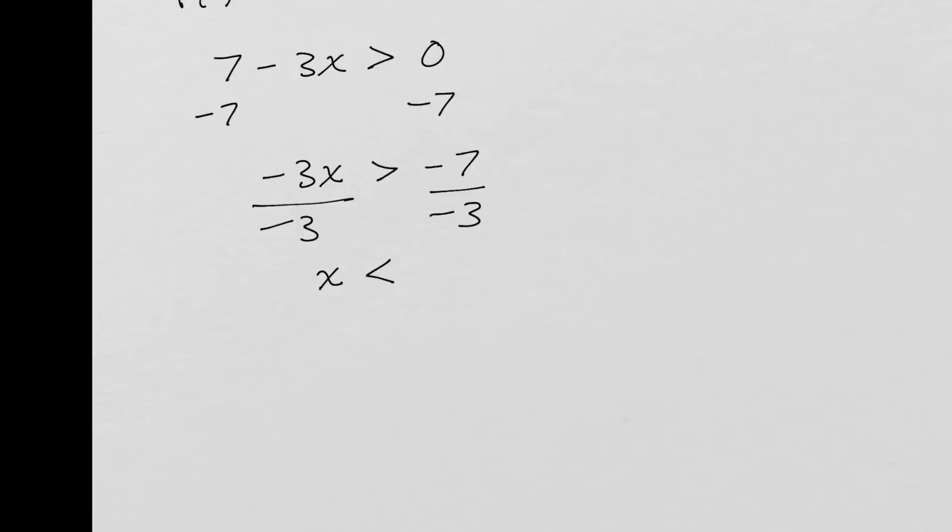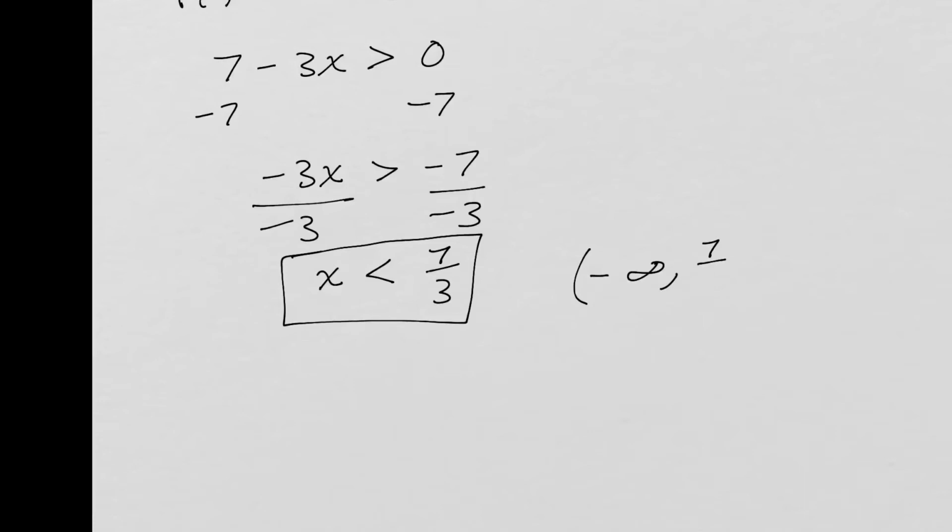So now it becomes less than, and then negative 7 divided by negative 3 is positive 7/3. So that would be all the possible x values that would make that a real number, right? That would be okay for the domain. So the domain would actually be, if I write it in interval notation, any number from negative infinity to 7/3, but not including 7/3.